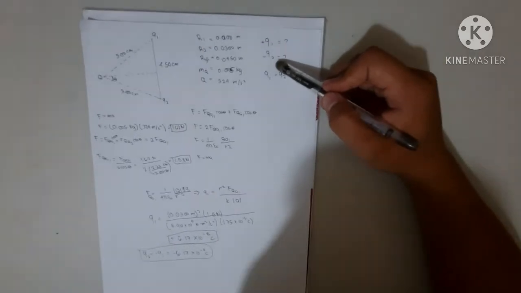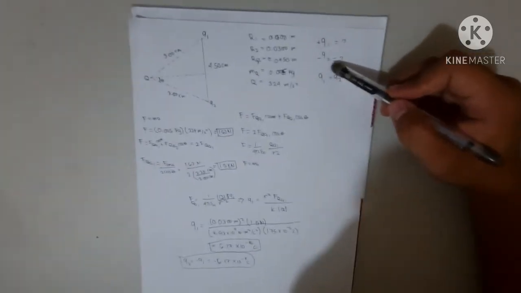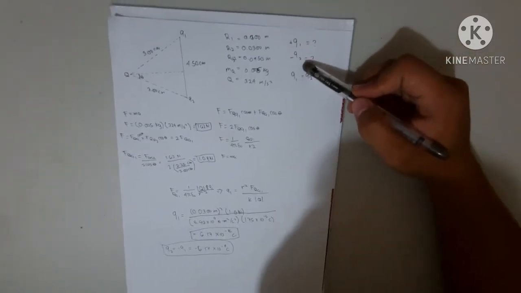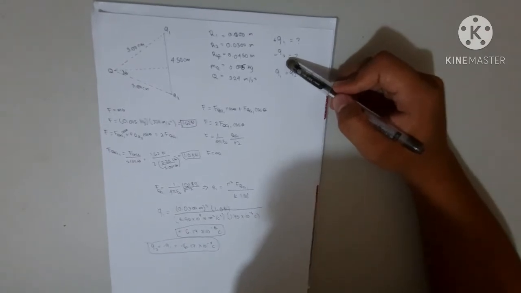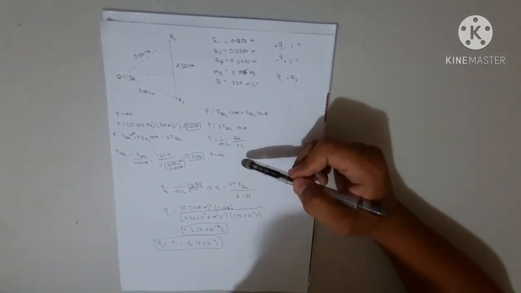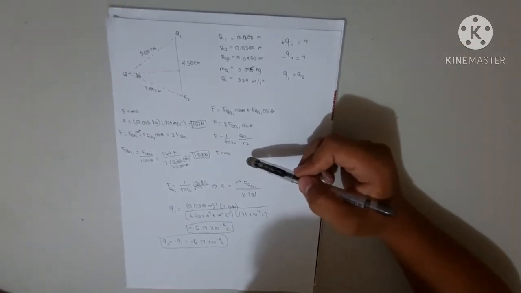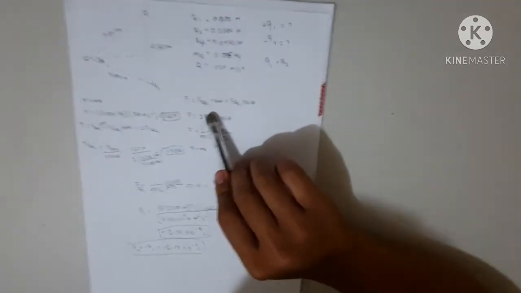So since we know that the acceleration of Q, based on Newton's second law, gives us the magnitude of the force on it, we can then add up the force components, and the force is equal to the force of Q, which is what you can see here.